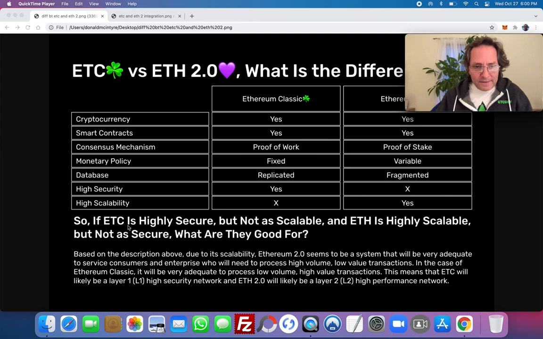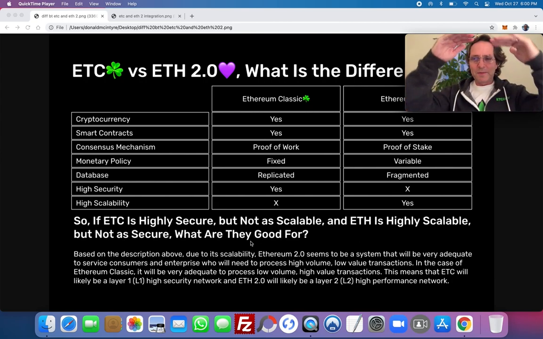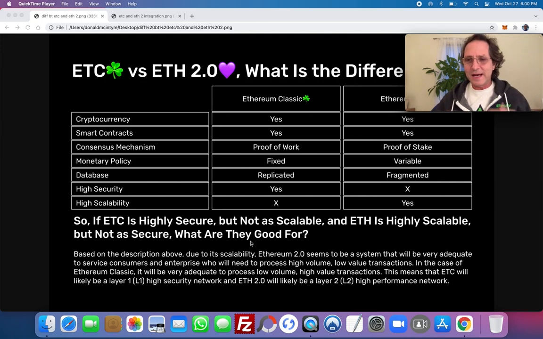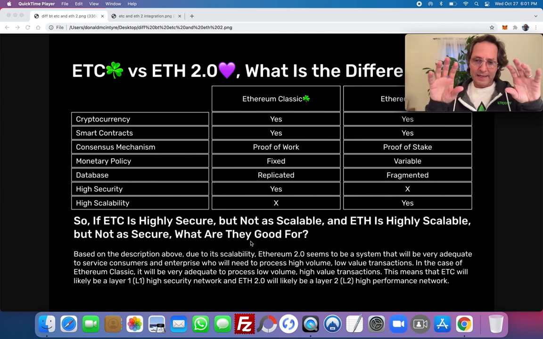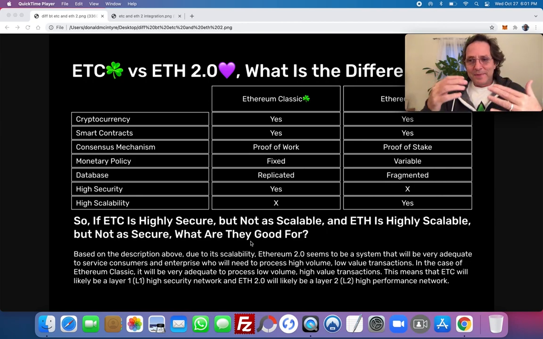So if ETC is highly secure but not as scalable, and Ethereum is highly scalable but not as secure, what are they good for? That was a question that existed before, because everybody thought that a blockchain was a blockchain and everything was going to happen inside. We didn't have this more detailed conceptualization of layers and modules, the modular design of the blockchain industry, which in hindsight is something that happens in nature and in many industries, and even in technology.